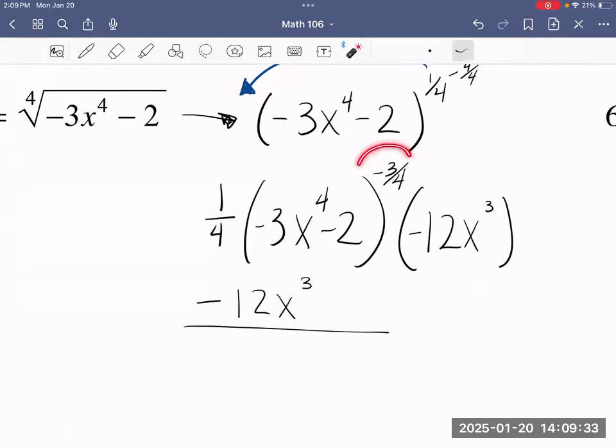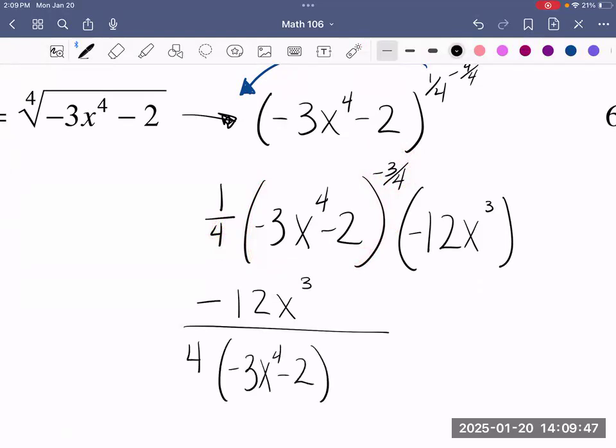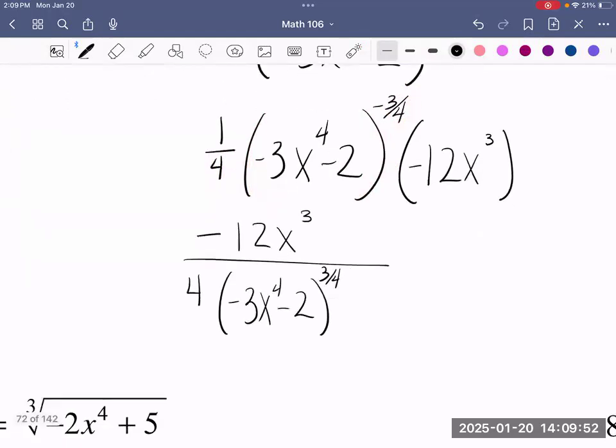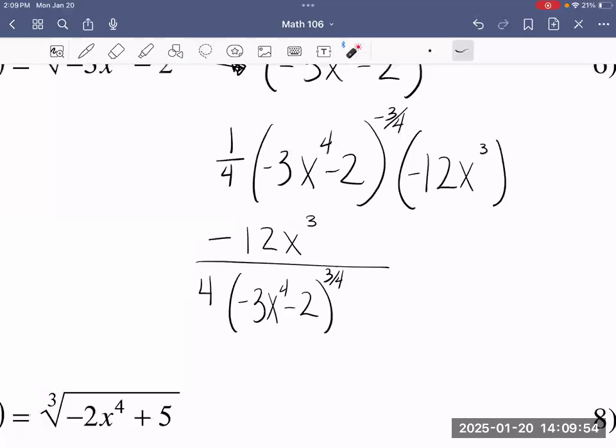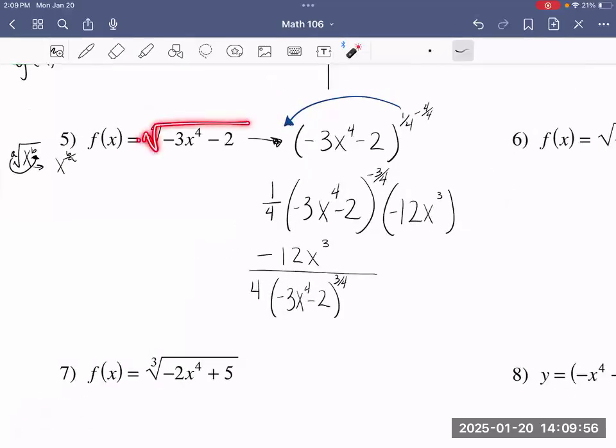Anytime you have a negative exponent, this drops into the denominator. You'll notice that this whole parentheses has a negative, so this whole thing will drop. We also have a 4 in the denominator as well, so it'll be 3/4. A good rule of thumb is if you start as a radical, you want to end as a radical.